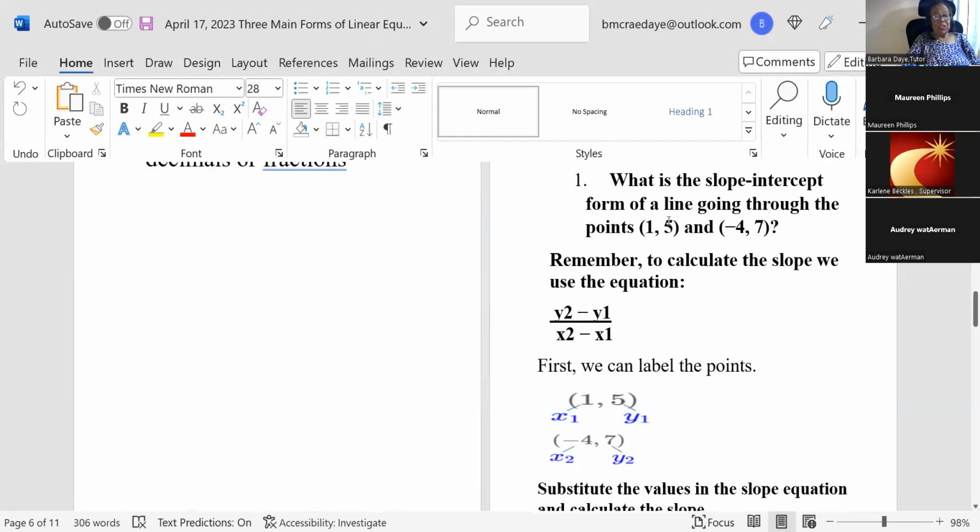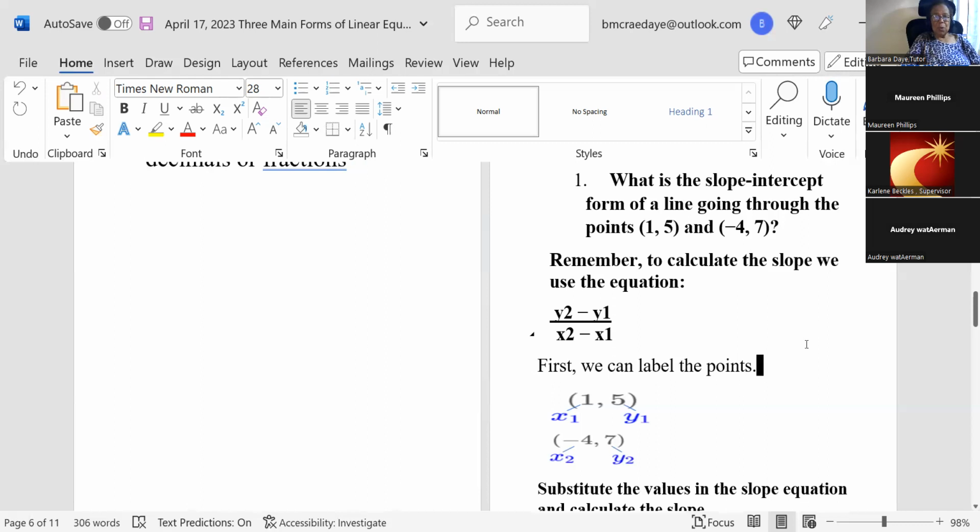If you have 2 points, you have 2 y values and 2 x values. Just like on that graph I showed you before of that linear equation, I had 4 points on that line. We could have used 2 of those and calculated the slope of that line, in other words, the rise over the run.